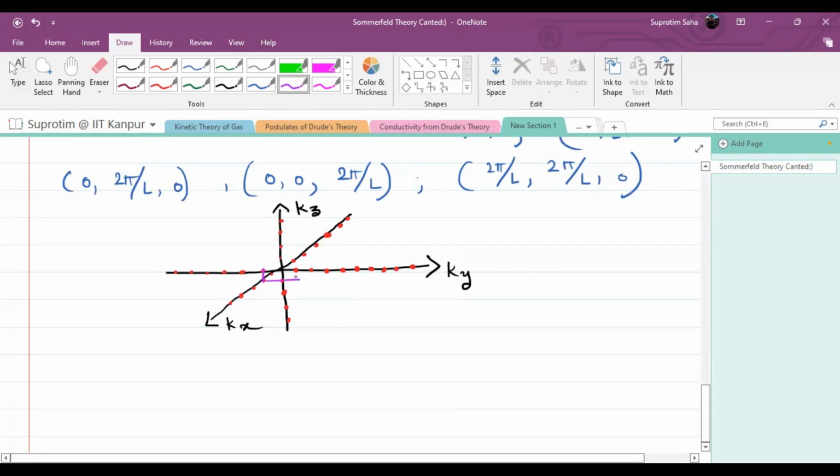So you'll have this cube drawn. All right. So if you draw a cube which defines the unit volume, the smallest volume that you can possess. So let me write it. Smallest volume in this momenta space.